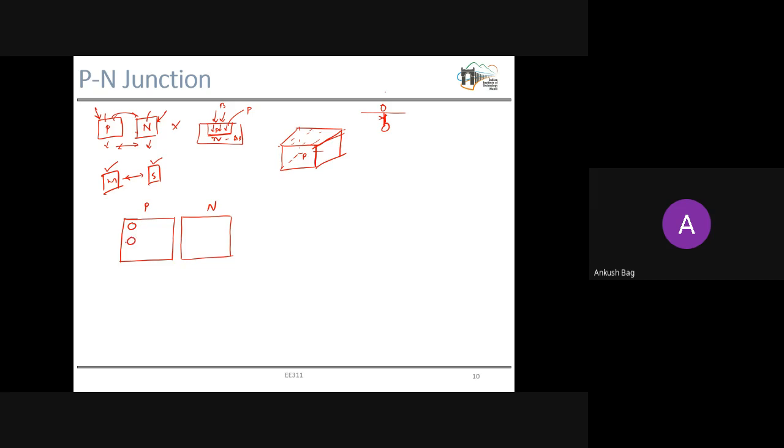Now, in the case of the P-type semiconductor, we know that we have acceptor dopants. Let me quickly draw this. In the case of acceptors, we have negatively charged ions, and in the case of donors, we have positively charged ions.